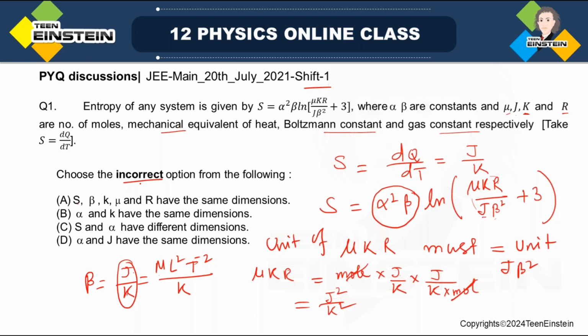So the question says entropy of any system is given by S is equal to alpha square beta.